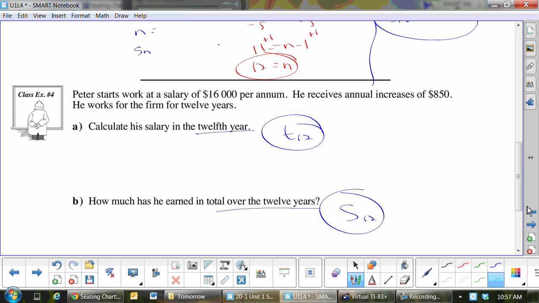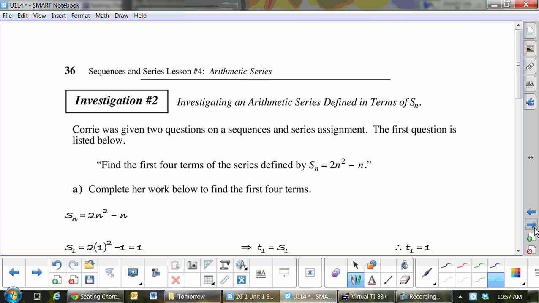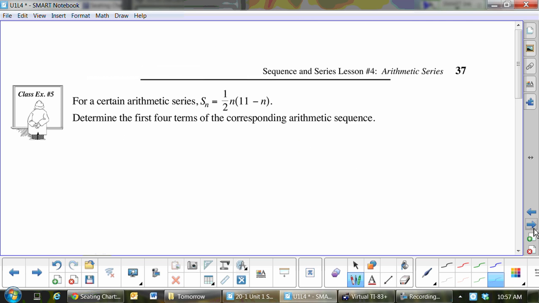What I want to do is now go to example 5. Example 5 has taken one of the sum formulas and done some simplifying and got Sn equals 1/2 n times (11 minus n).